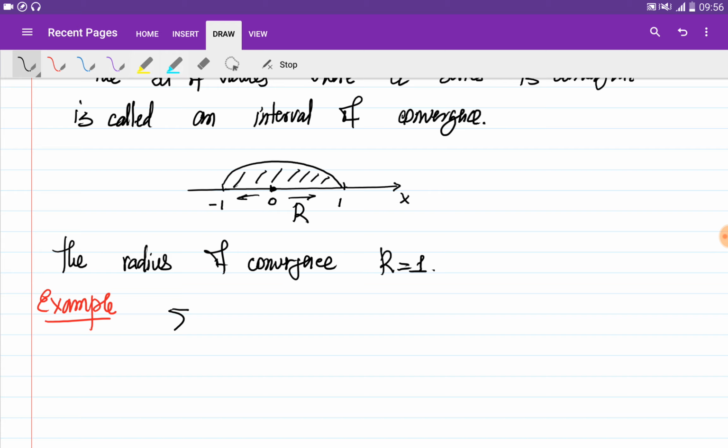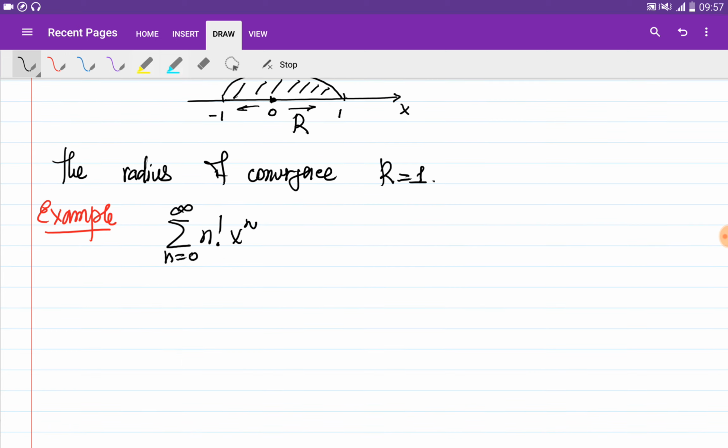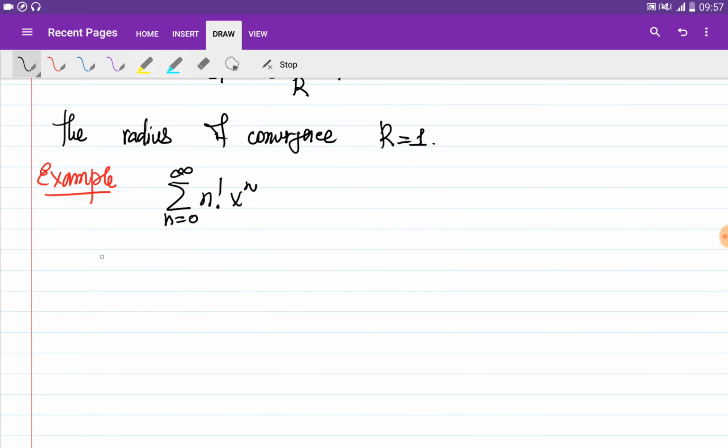We are given a series in the form n factorial times x to the power of n, n goes from 0 to infinity. In order to test this for convergence, we're going to use the ratio test. Do you remember, in the ratio test we need to define the nth term of the series. It's going to be n factorial times x to the power of n, and the n plus first term is going to be (n plus 1) factorial multiplied by x to the power of n plus 1.